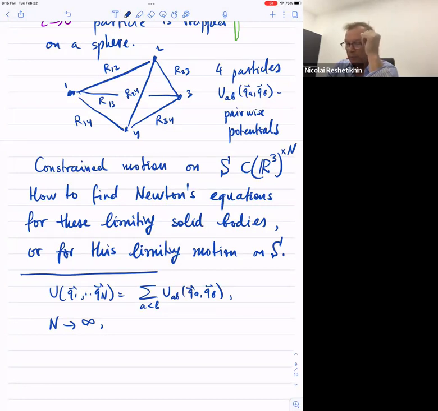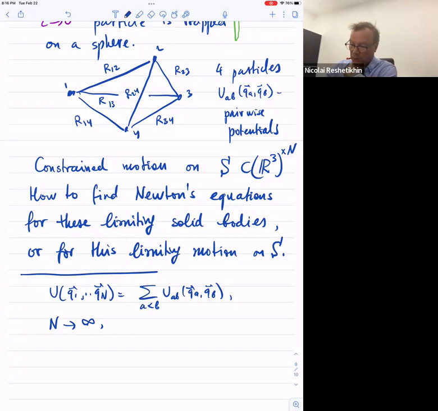Say, if you want to have gases with low density, then n goes to infinity, but the volume of your system is much bigger than n. If you want to have a big density, then you consider your particles moving in some kind of constrained space, and the density of particles in this constrained space is finite. So it's a beautiful subject.